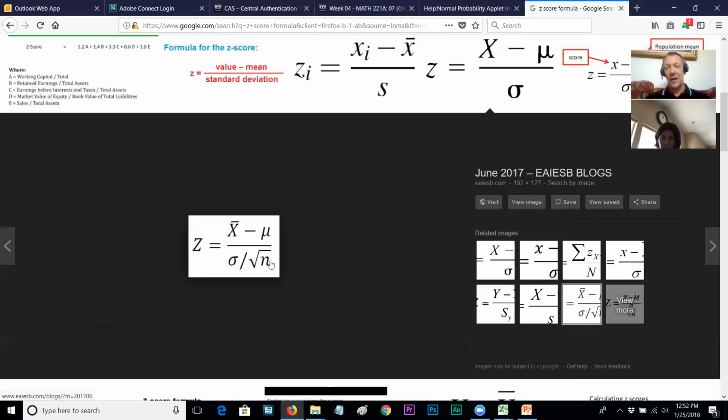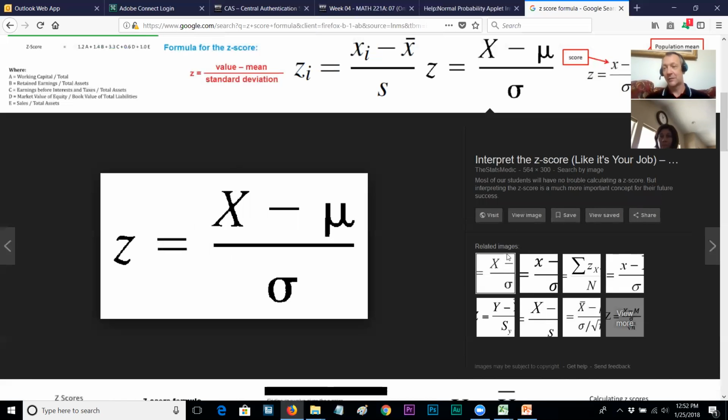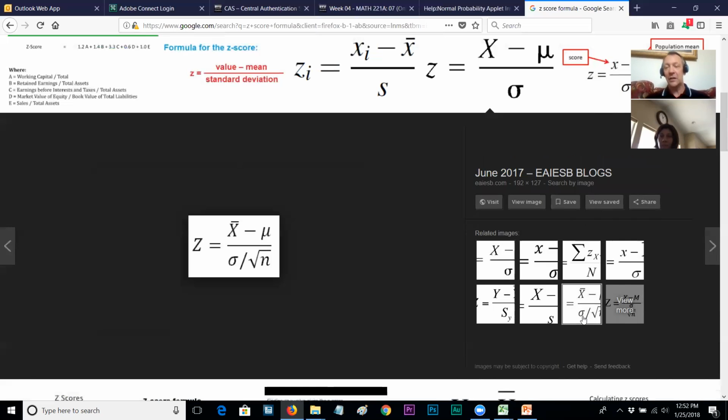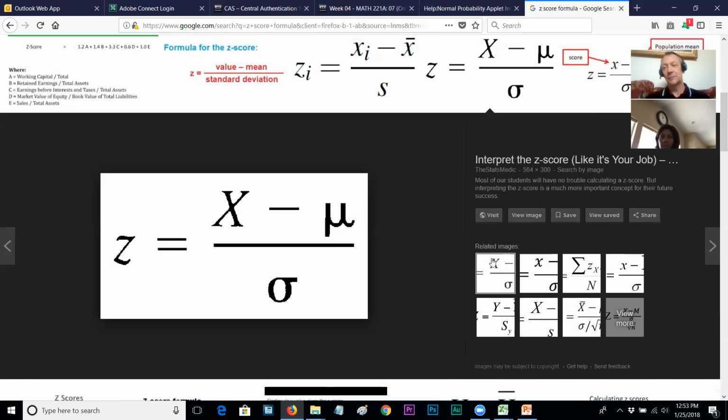And if there's no n, assume that n equals 1, because if n equals 1, then this equation becomes the other equation. You're dividing by the square root of 1, so it's exactly the same. So just remember my rule: if there's an n, use it, and if there's not, assume that n is 1, and then they're basically exactly the same.